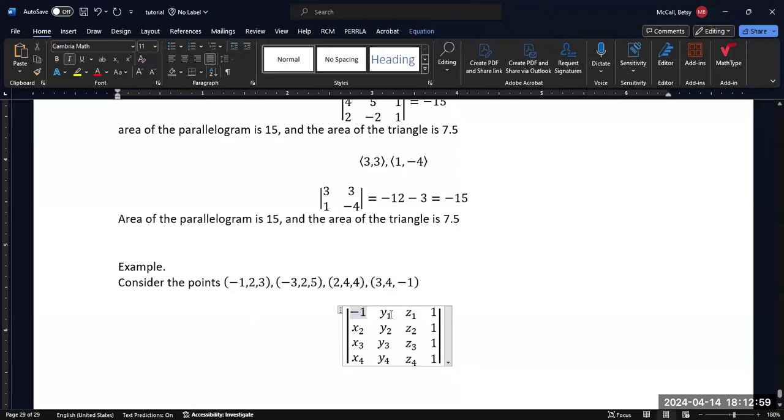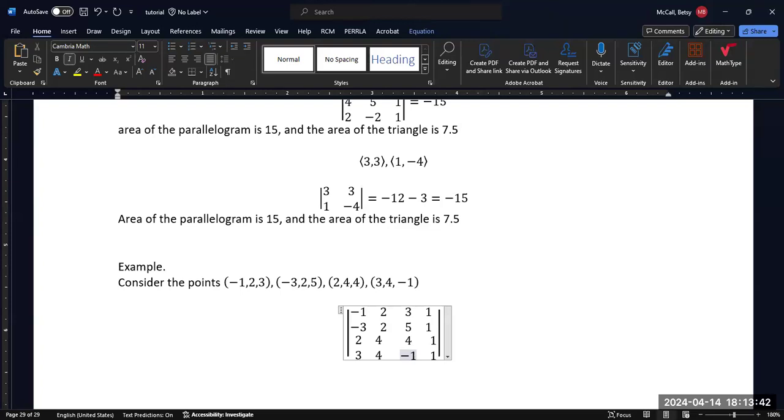So the volume, we're going to put our points in here. So -1, 2, 3, -3, 2, 5, 2, 4, 4, 3, 4, -1, and then the last column is all ones.